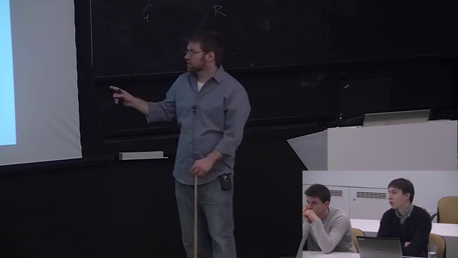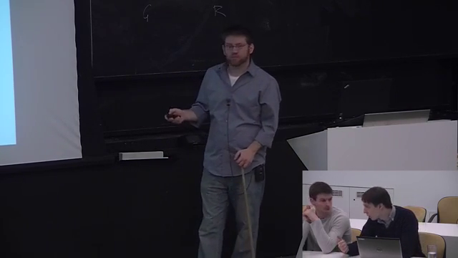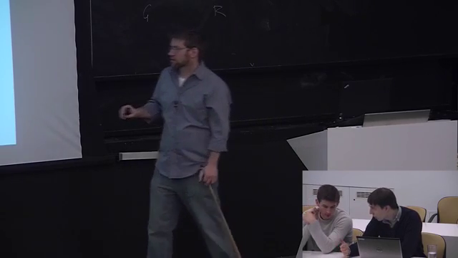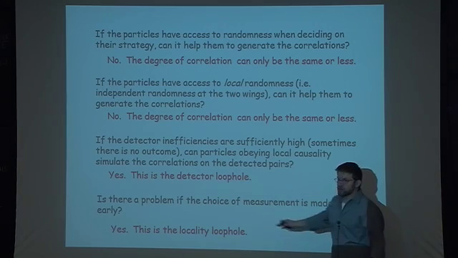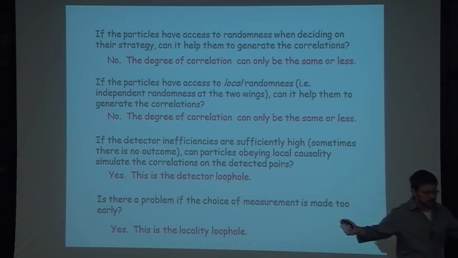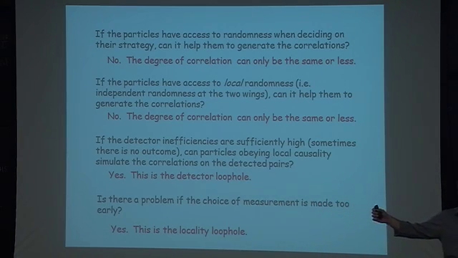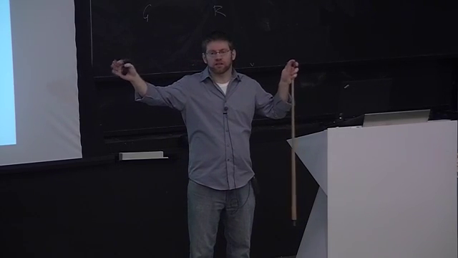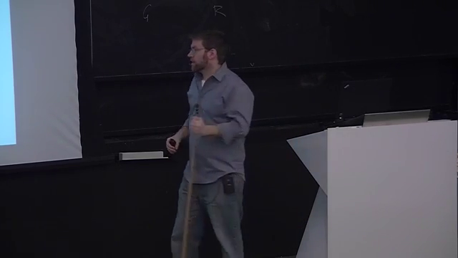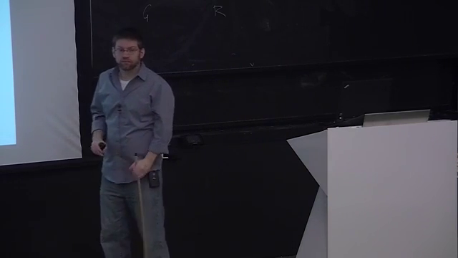So, other comments about this. This is called the locality loophole, by the way. If you do an experiment and you haven't carefully ensured that the choices of measurement are made outside the future light cones of each outcome, then you haven't sealed the locality loophole.